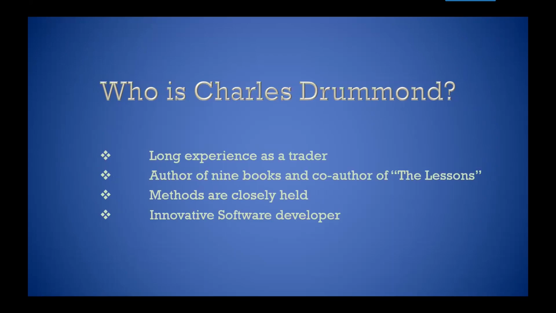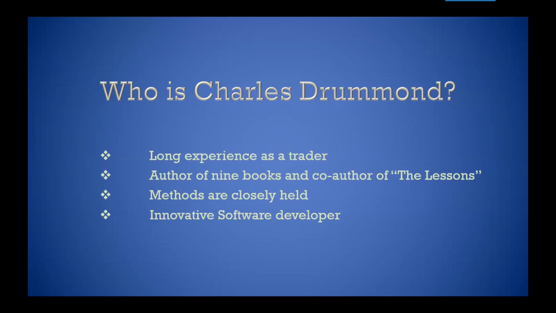He's written 9 books. Charlie and I co-authored the lessons, we call them the 30 lessons, which is an elaborate and interesting investigation into the principles of trading that we use. These methods are somewhat closely held. We don't spread them on every doorstep.